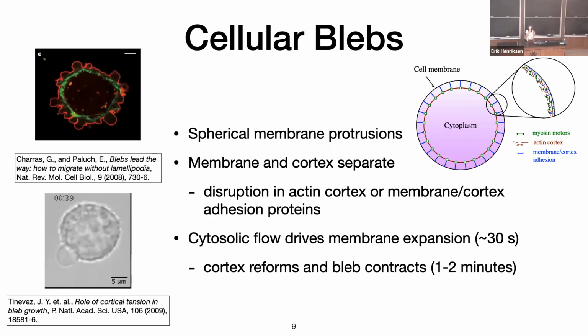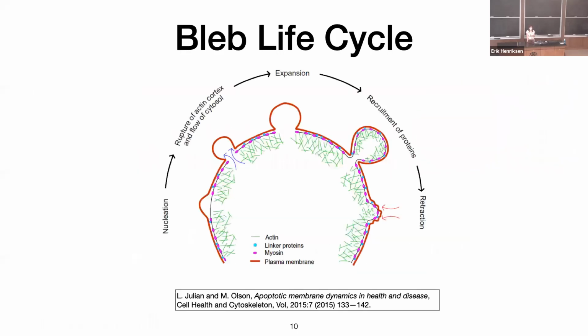The network is reforming and then contracting because of the sliding action of myosin, which can occur on a time scale roughly double the expansion time scale. So that's the general idea. Let me know if you have questions on that.